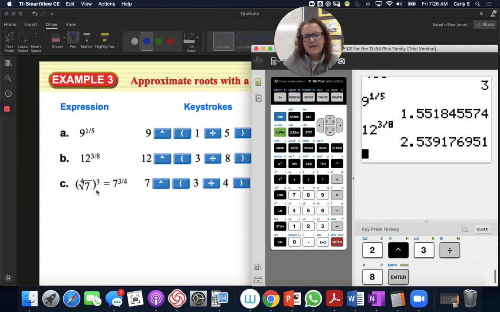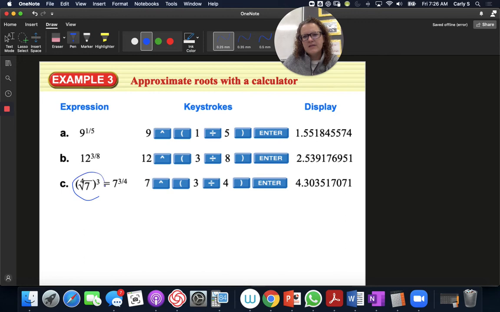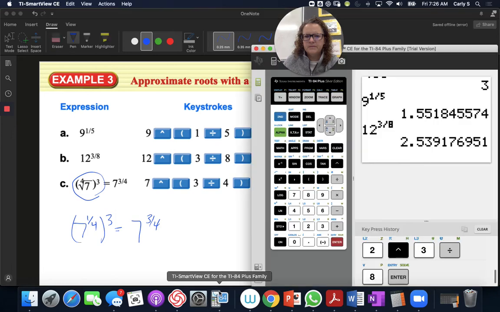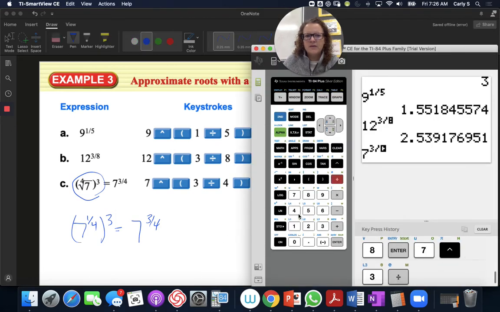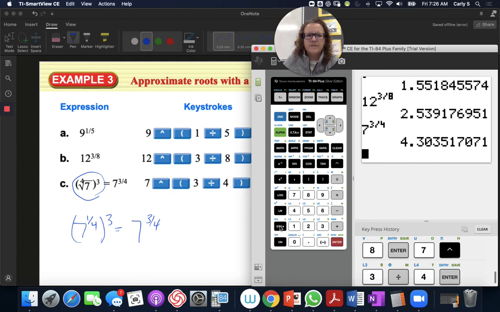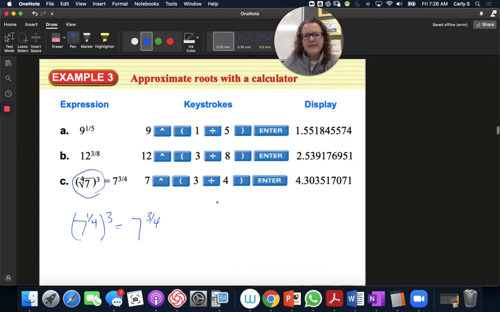Ooh, this one you have to mess with a little bit. Okay, it's the 4th root of 7 raised to the 3rd power, so it's 7 to the 1/4 times 3, which is 7 to the 3/4. 7 raised to the 3 divided by 4. Cool? Easy peasy.